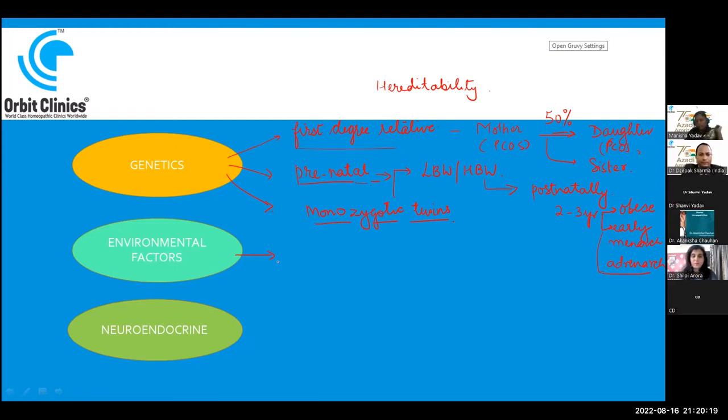Next, the environmental factors. Besides these genetic factors, there are certain environmental or lifestyle factors which may lead to this disease. One of the important factors, which is very common nowadays, is the sedentary habit. Because of this lifestyle, there is an increasing incidence of PCOS nowadays.